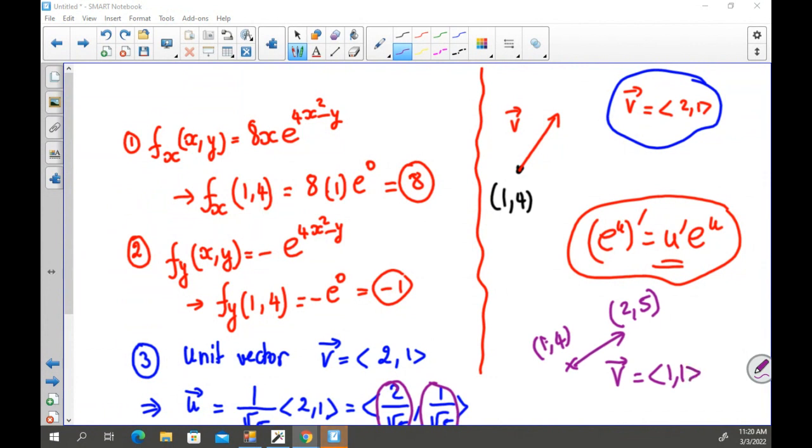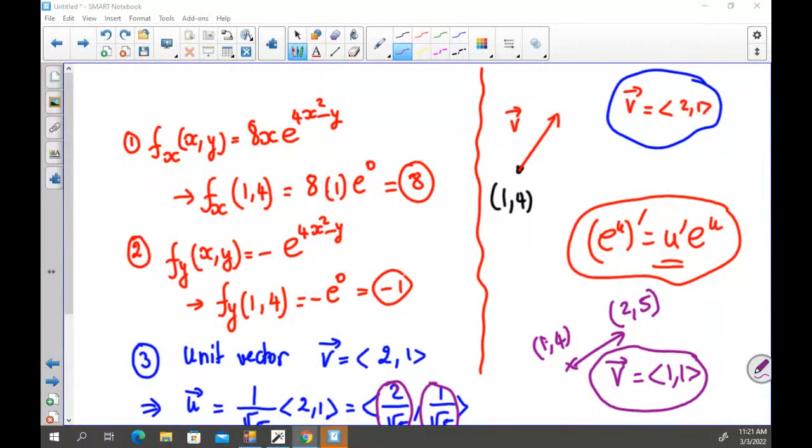And then you do the same work, find the unit vector u, etc. So the vector can be given as 2 points from A to B or P to Q. Then you need to find the vector v, and then you do the same work as we did here. Are we okay? Still okay?